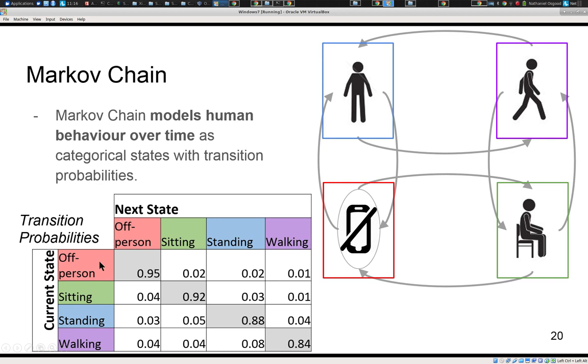And from this, we can figure out what's implied by this: how long on average you're in a given state before leaving. In this case, with 95% probability you stay in that state within the next time step, and that implies that you'll leave on average in about 1 out of every 20 time steps.